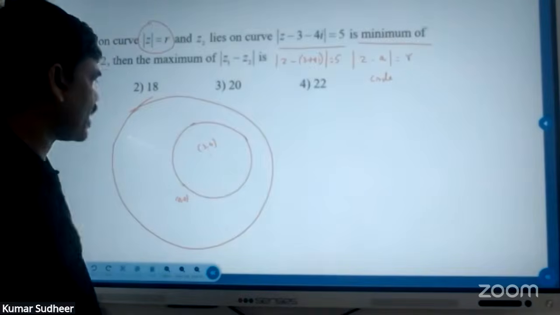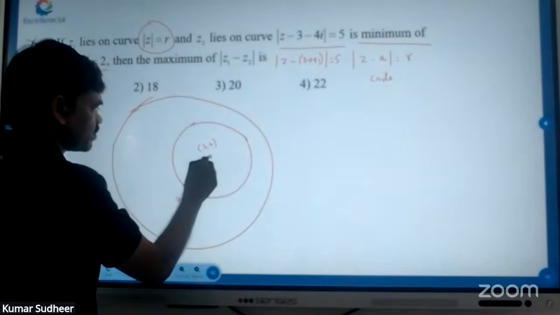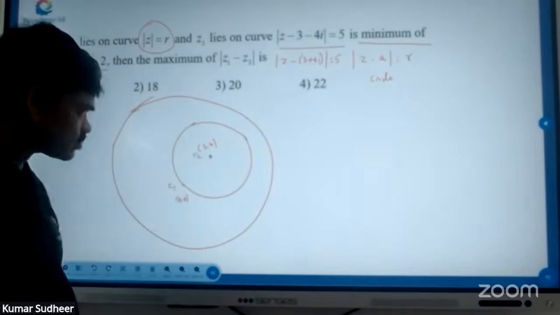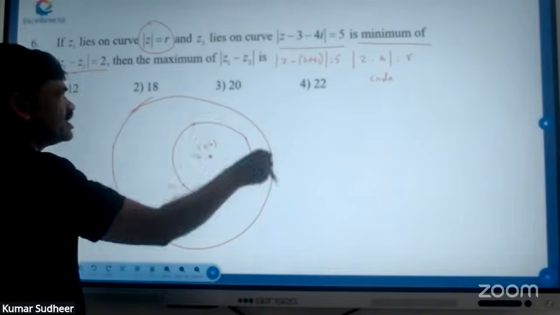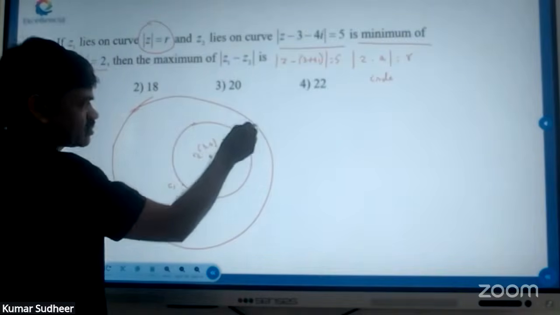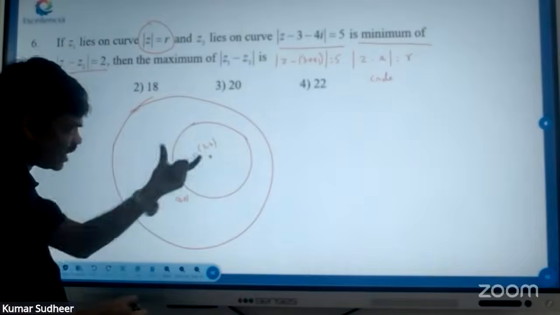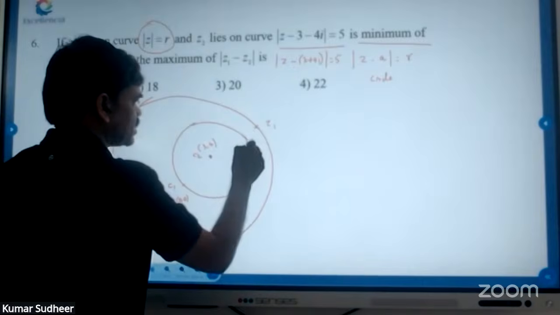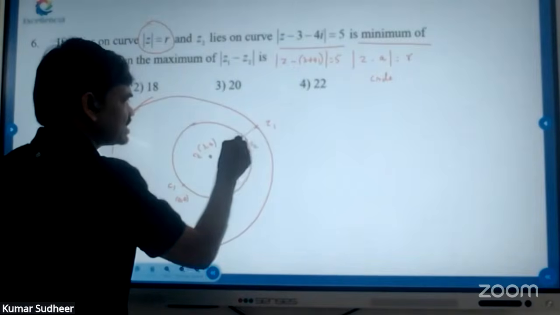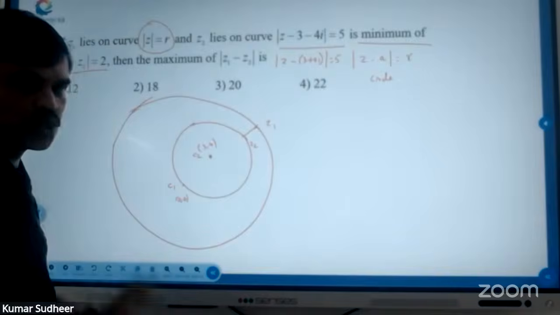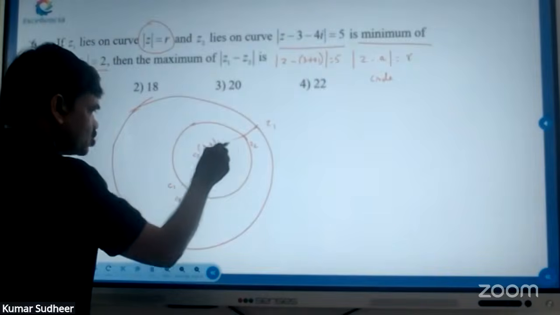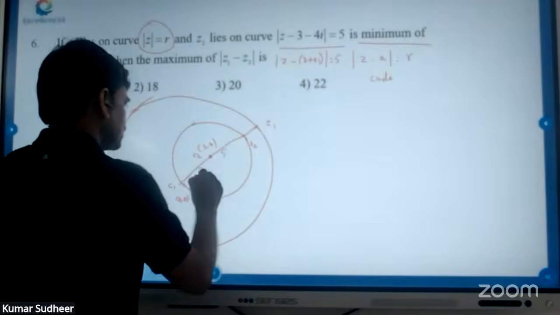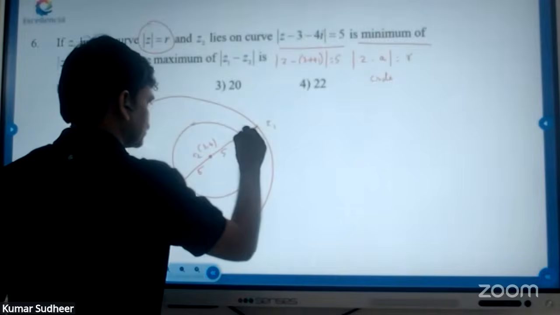Geometrically, let us say this is C1 and this is C2. The minimum distance between the two circles is nothing but this part. By looking at the diagram, you can understand. So this is Z1, this is Z2, and this distance is given as 2. If I join like this, this is 2, this is 5, this is also 5, this is also 5, and this is 2.